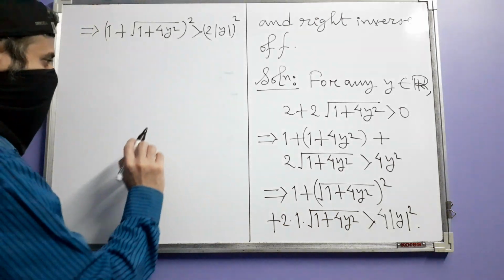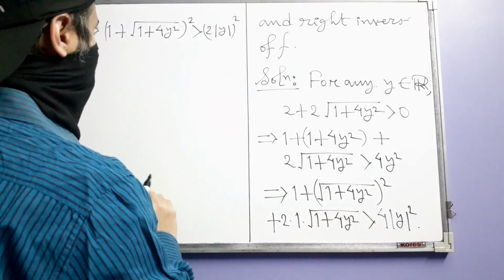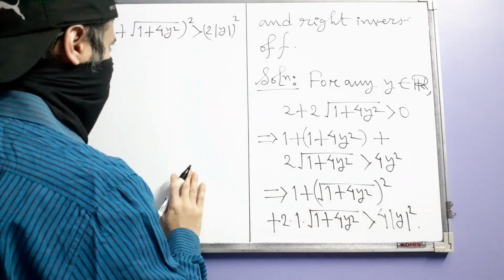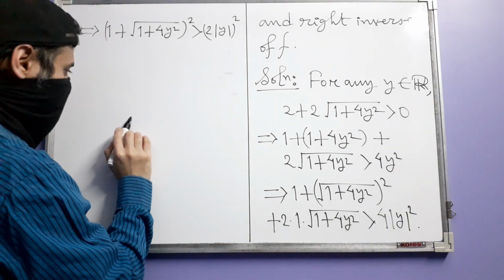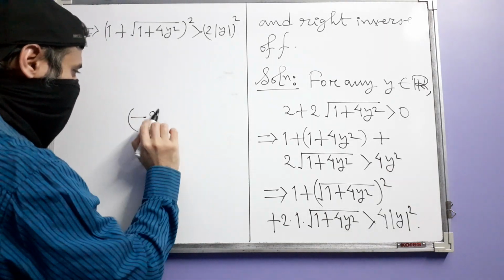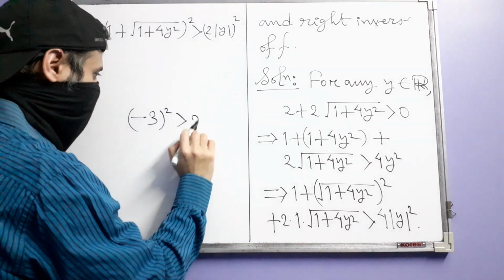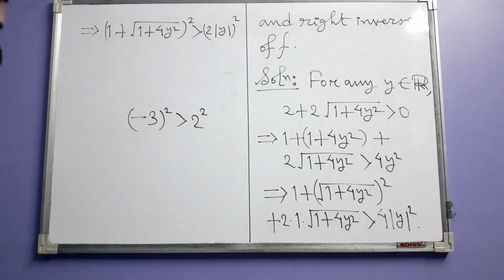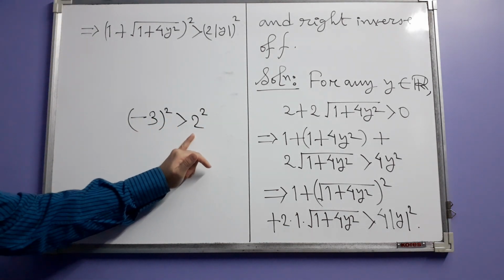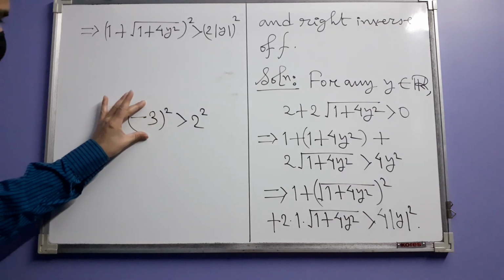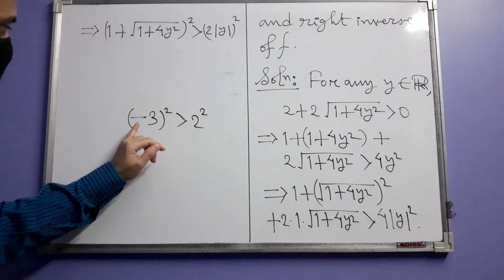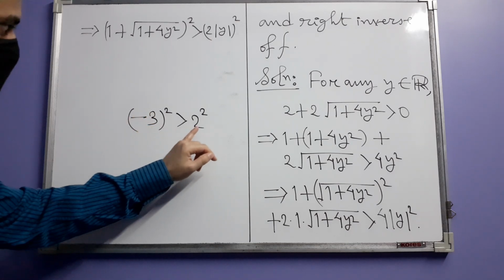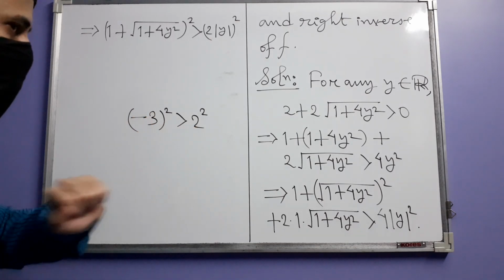Let me show you one thing. Yes. Is this true? This is true, right? Because this side is 9 and this side is 4. But note that the numbers that we are squaring are not both positive.